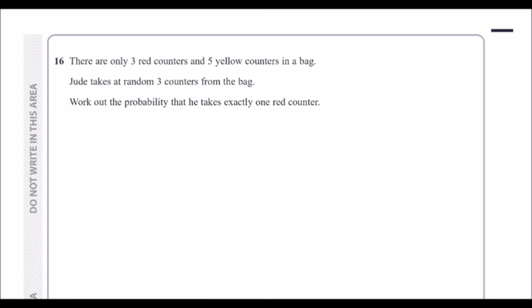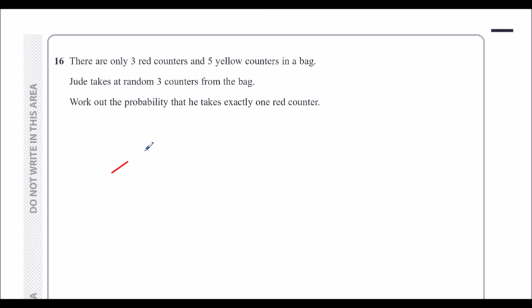Question 16. There are only 3 red counters and 5 yellow counters in a bag. Jude takes at random 3 counters from the bag. Work out the probability that he takes exactly 1 red counter. So we could do this with a probability tree.